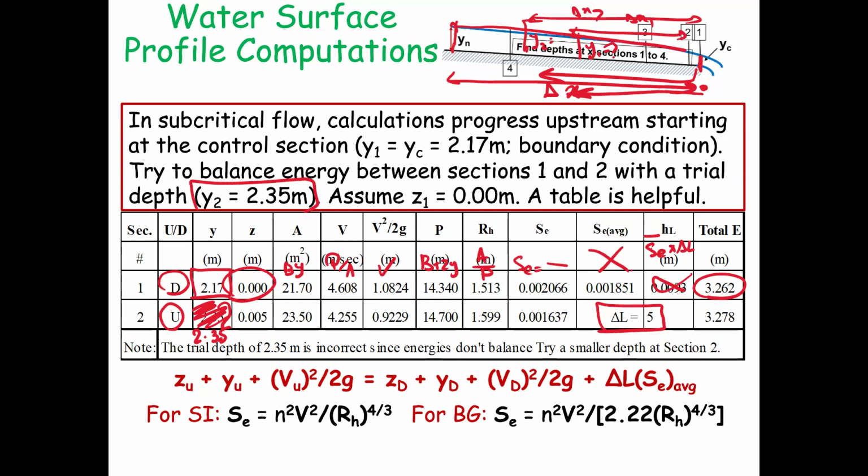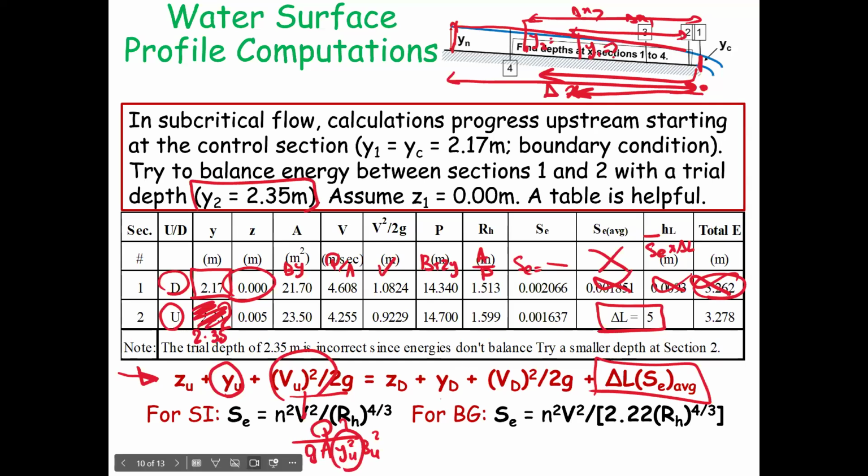The question says that I will start with 2.35. I don't have the other values, so I will write this equation here: Z upstream, plus V squared over 2G, the same, plus delta H. If you write it all down, you just have Y. This one you write based on Q over 2GB Y squared. So you just have Y. This one, you have Y of downstream.